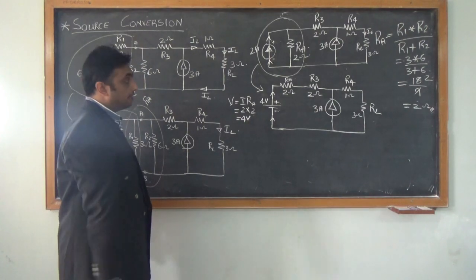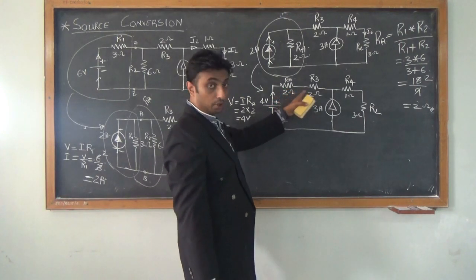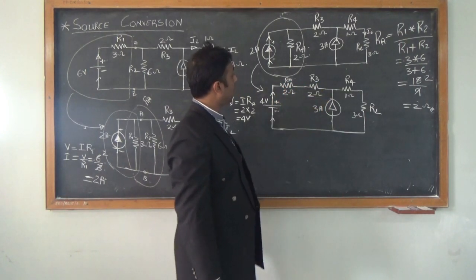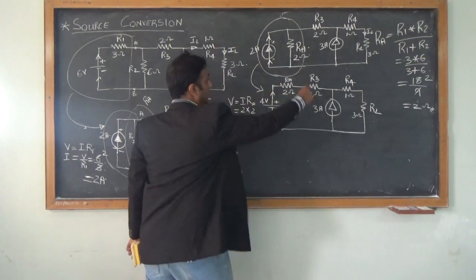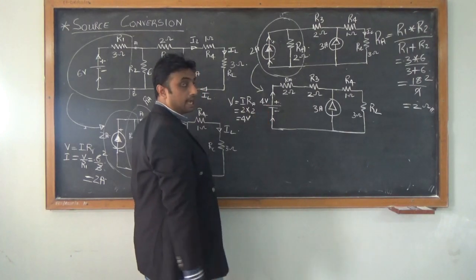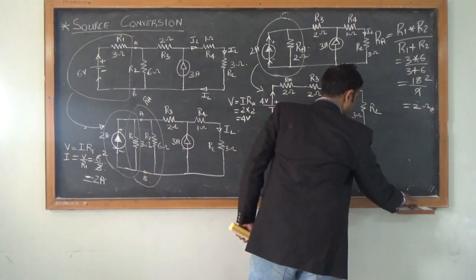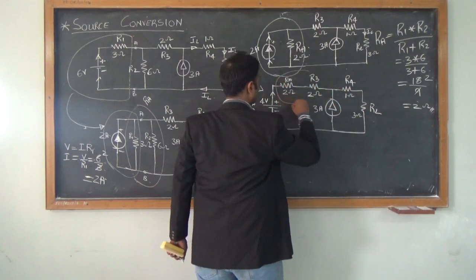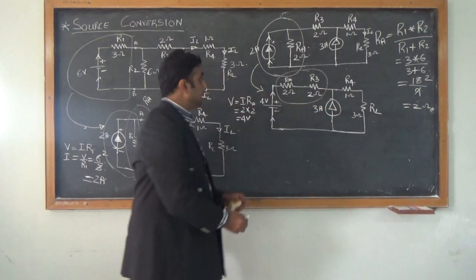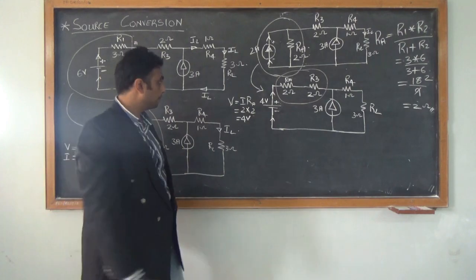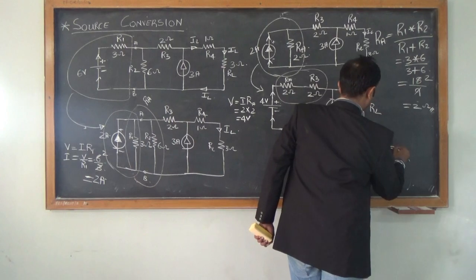So now again I have simplified my circuit. Now if you can see, there are 2 resistors, RA and R3. RA value is 2 ohms which I got here, and R3. Now RA and R3 are in series. Now combining these 2 resistors into 1, I call it RB.